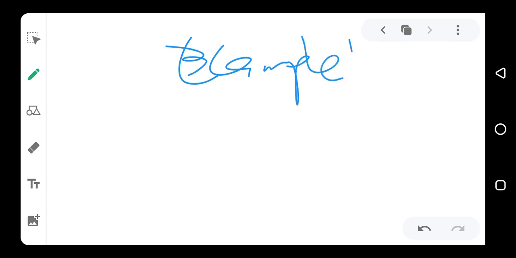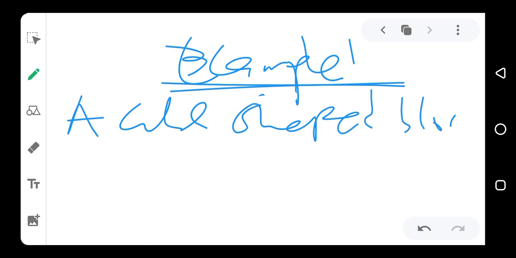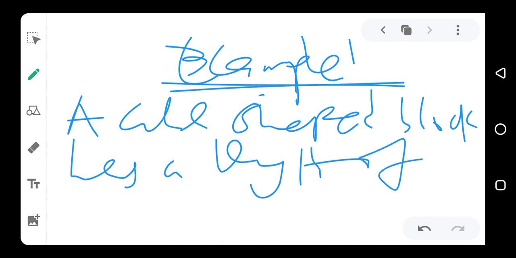Example 1. We can have a cube-shaped block that has a length of 2 cm.